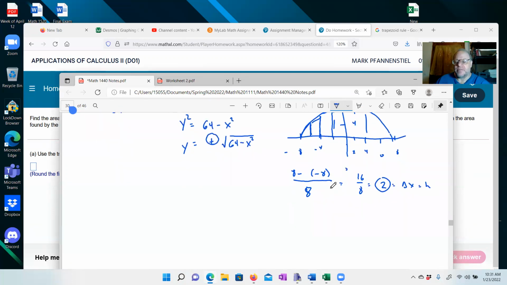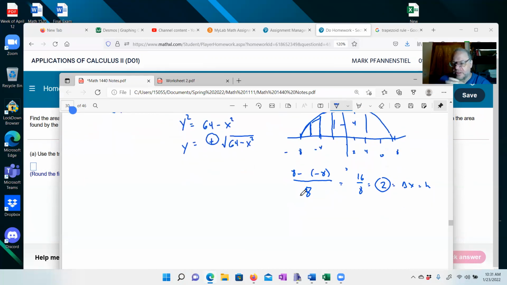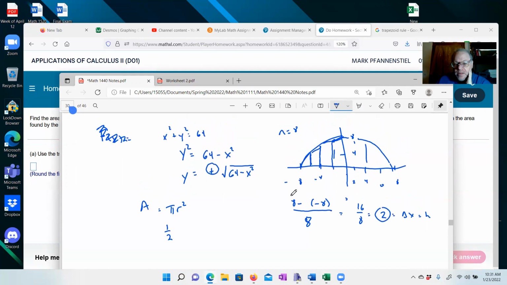Let's go ahead and find out what the actual value is first, and then we can go back and try the numeric methods. We have pi r squared as our area for a circle, but we only want the top half, so one half pi r squared.